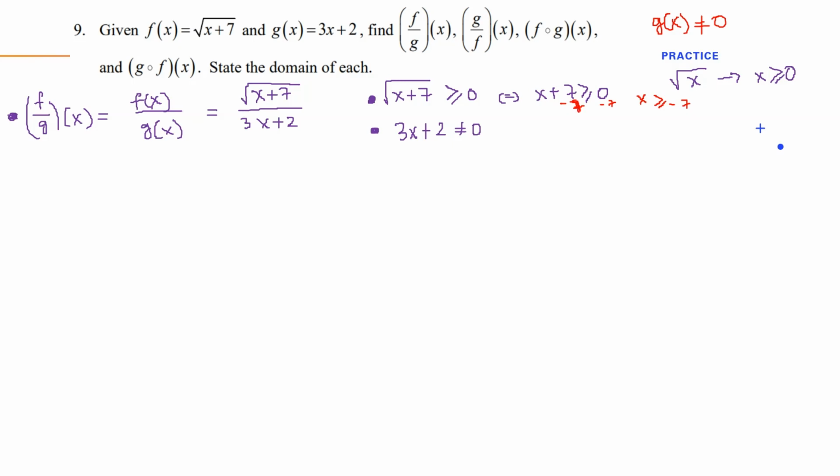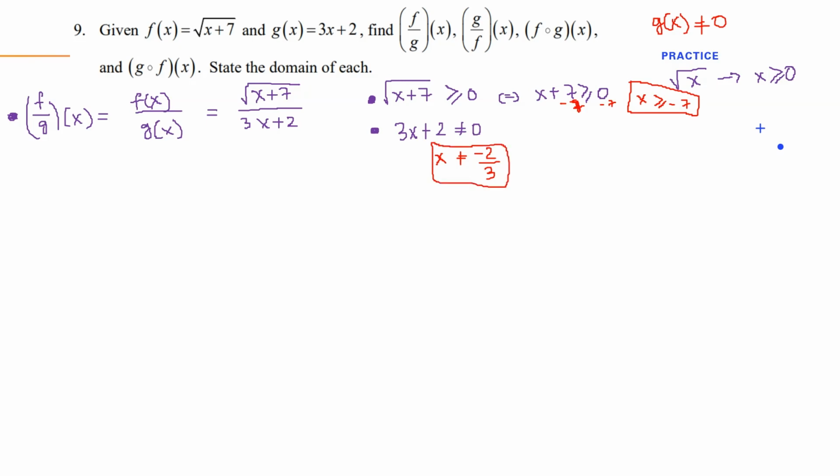So this is one of the restricted values for the domain. And then we have 3x plus 2 different from 0, so x different from negative 2 over 3. We subtract 2 from both sides, and then we divide both sides by 3.